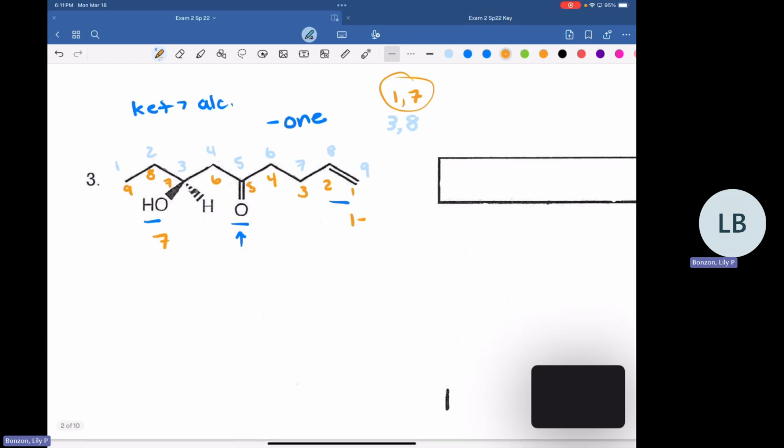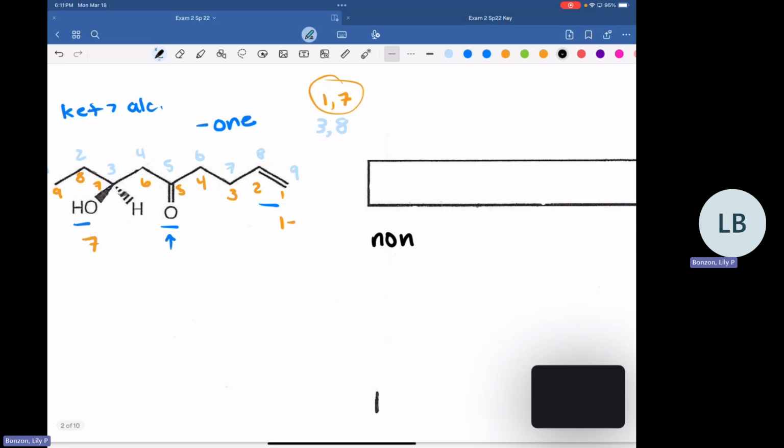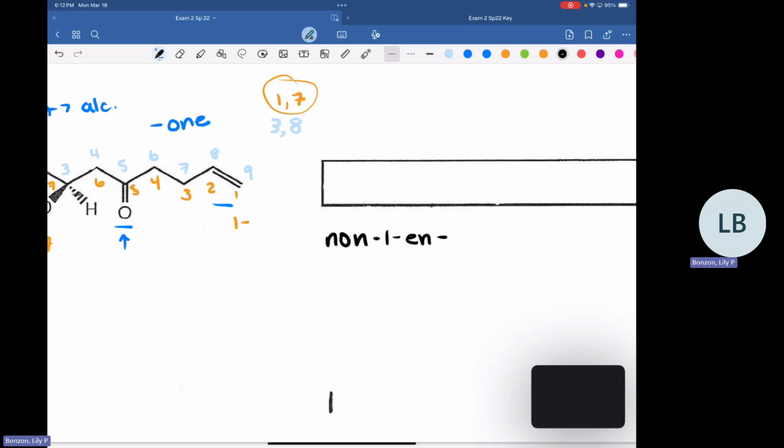And then either way we number it, we get 9 carbons for the parent. So that's just going to be the non root. And then remember, we have to do the alkene. And so the alkene starts on carbon 1. So we've got non-1-ene. And then the -one ending goes at the end.